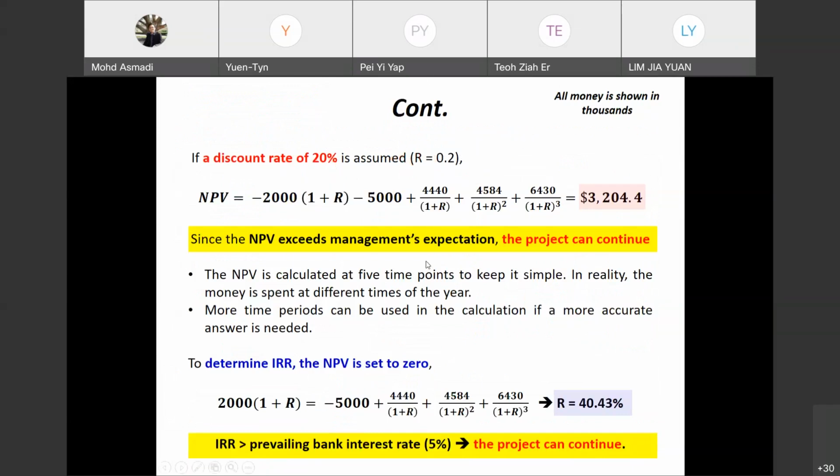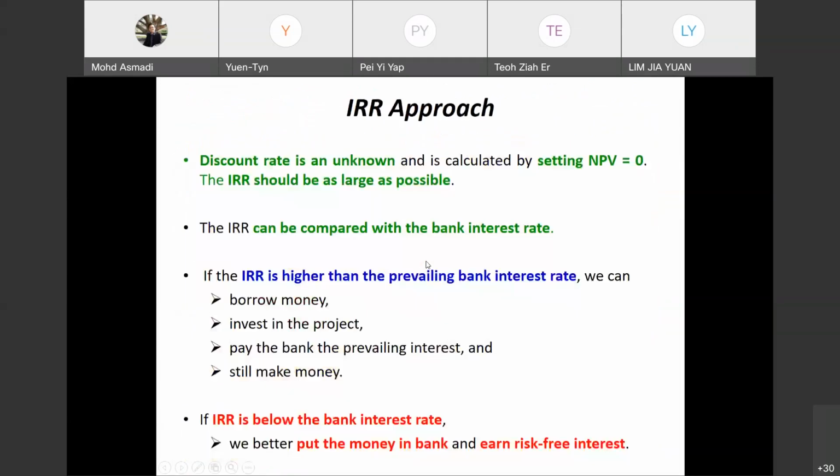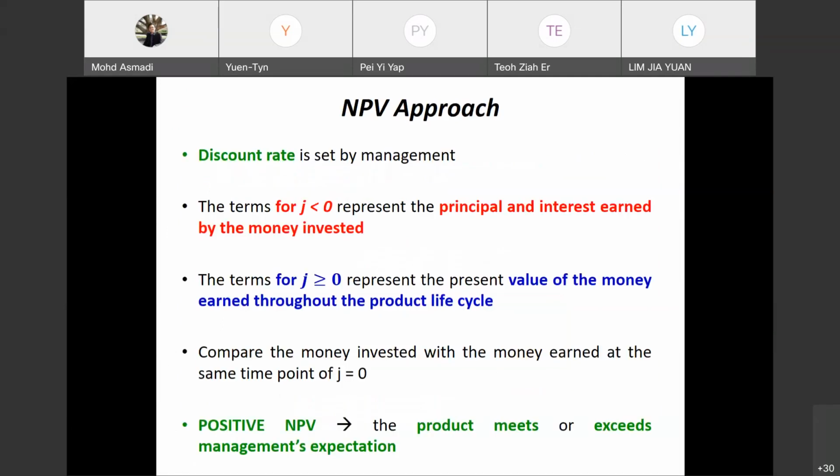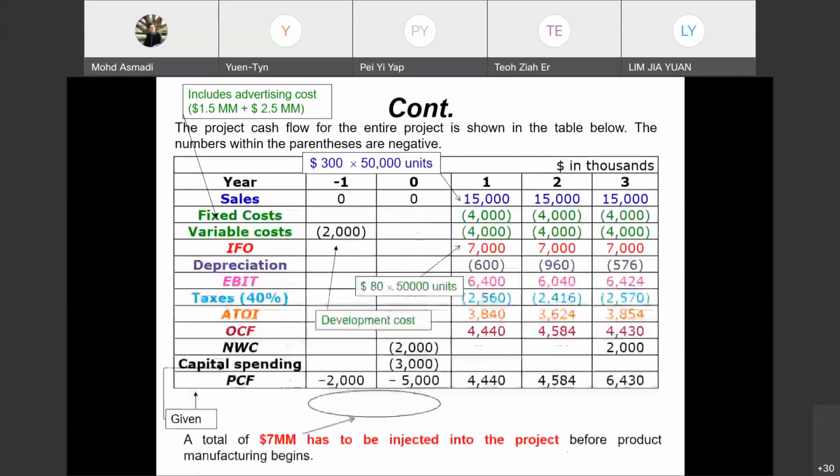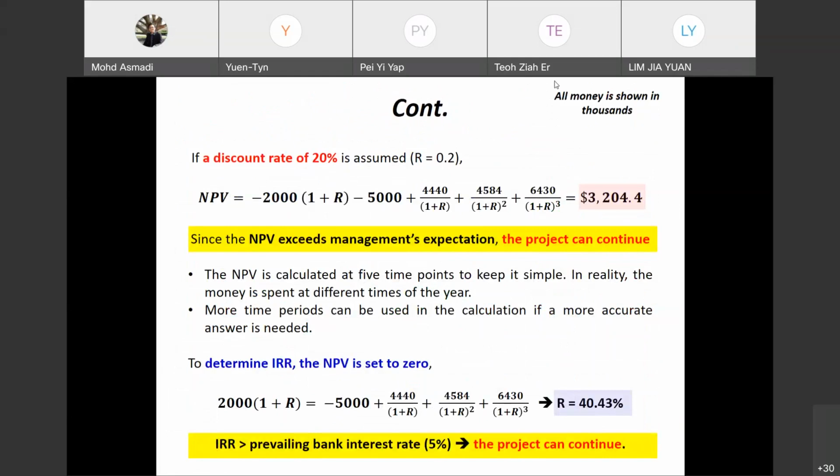Okay, just refer to this here. J equal to 0, J equal to 0, J more than 0. Okay, this one. So you can get 3,204. So this is positive. So meaning that your project we can continue.